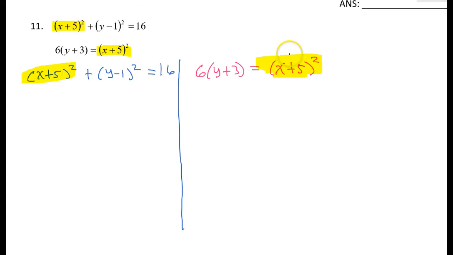I should be able to take the 6 times y plus 3 and substitute that in the other equation, because x plus 5 squared equals 6 times y plus 3. So I should be able to do that replacement, that substitution. So instead of x plus 5 squared, I'm going to write 6 times y plus 3 in its place.